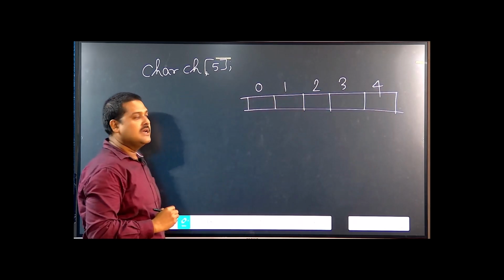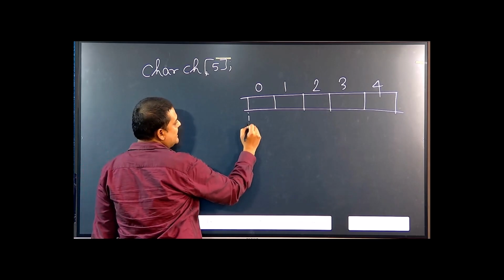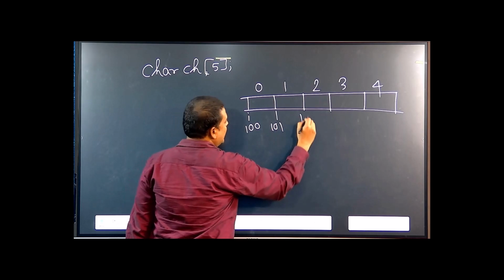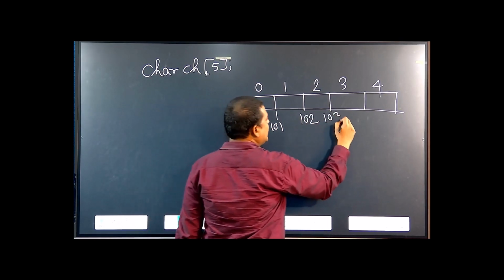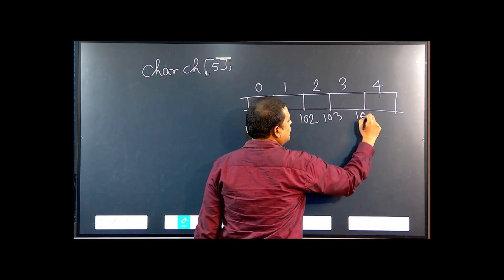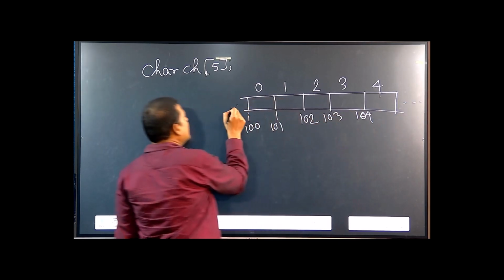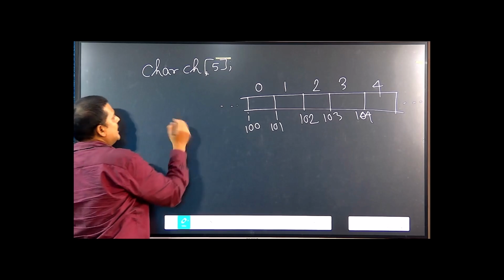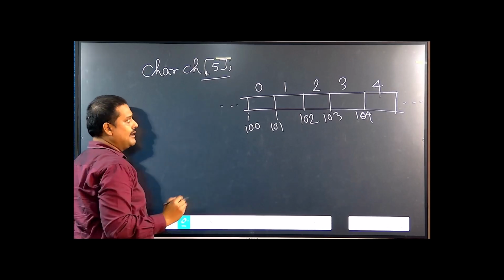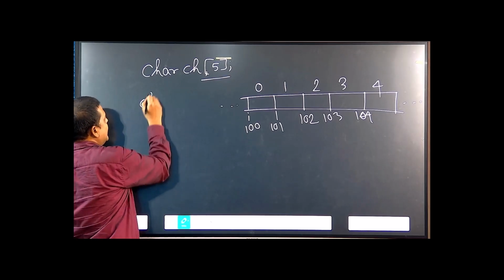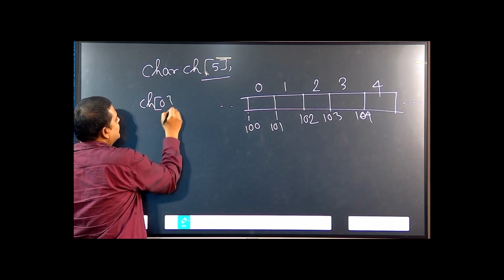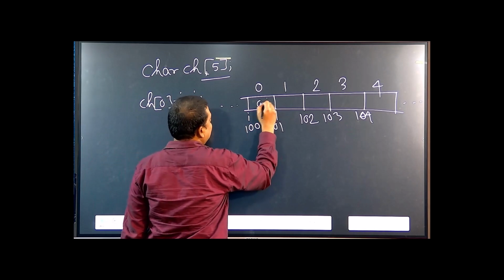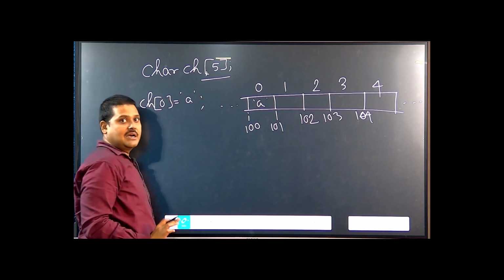Assuming the base address of this location is 100, then this is 101, 102, 103 and 104. There are also memory places before and after this array, and contiguously some values are allocated. Say, in ch of 0 I have allocated a, and this way a, b, c, d, whatever values are stored.